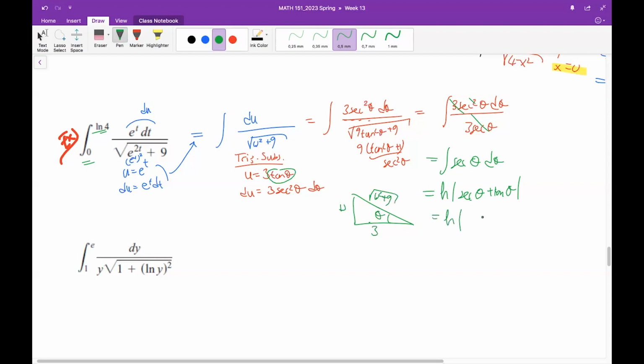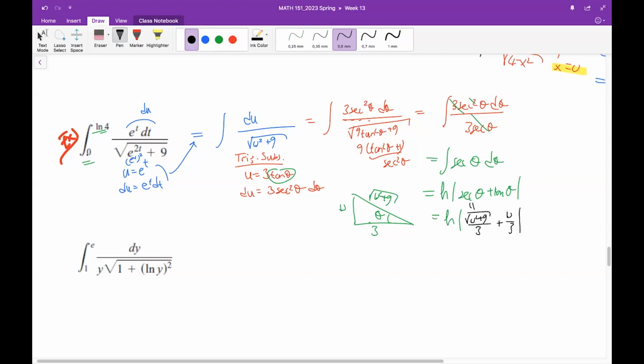So secant theta is 1 over cosine theta, and cosine theta is 3 over this, so you take the reciprocal of it. This is the square root of u squared plus 9 over 3, plus tangent theta, u over 3.